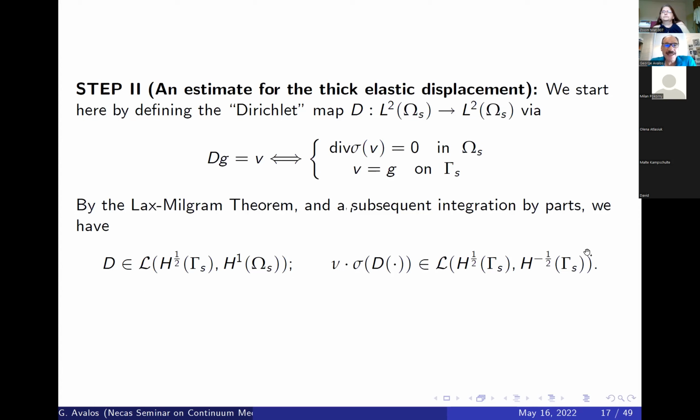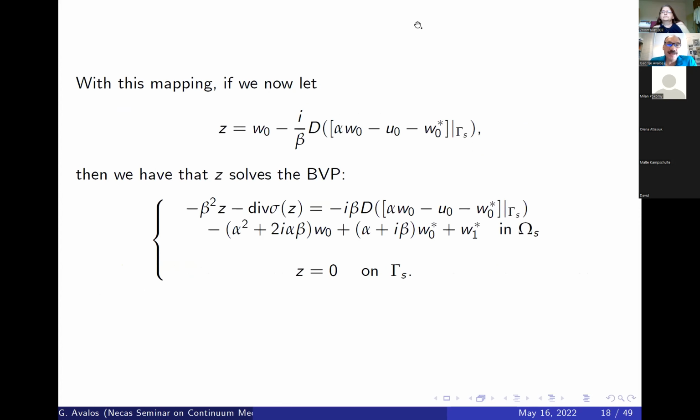So with this map D, we take our thick 3D component and subtract off this part, which essentially models the boundary data, so to speak. And so this variable Z, a fortiori, satisfies this divergence of stress tensor plus this parameter equal to this forcing term. But the material point is Z is 0 on the boundary.